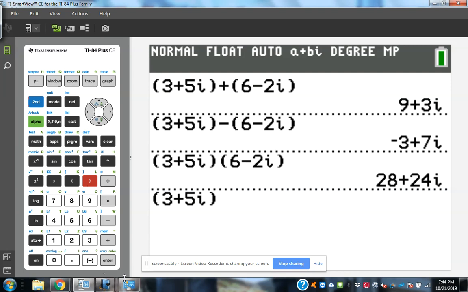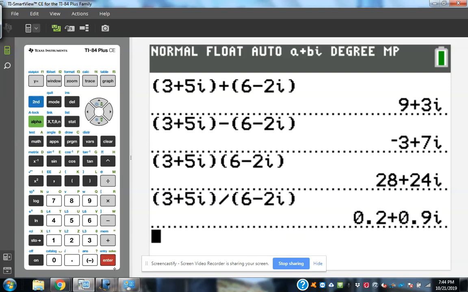Close those parentheses, put a division symbol, and then do the bottom part, 6 minus 2i. Do not use the fraction button part of the calculator, like you did with alpha F1 to get the fraction thing. It can't figure that out. I didn't know that until just a few days ago.